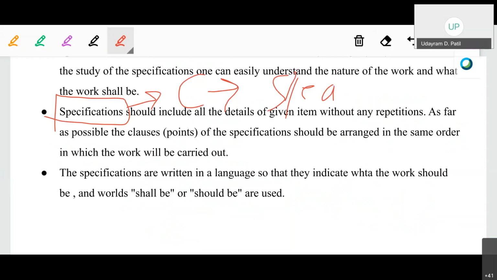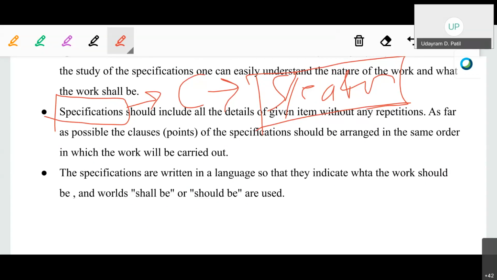Okay, if he is not following the specification, then that means he is not following the contract, and therefore legal action might be taken against that particular contractor.